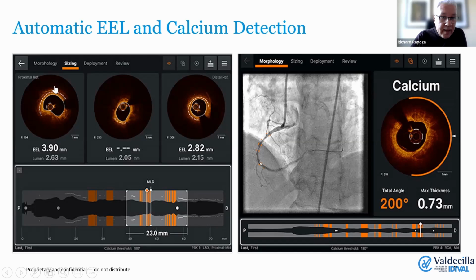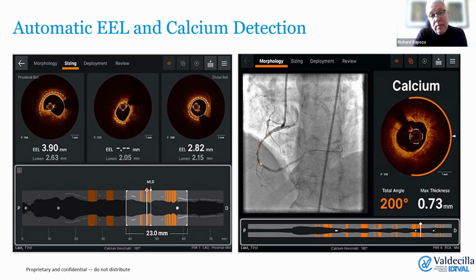If indeed you have greater than 180 degrees of detection, we are able to calculate a diameter. If there isn't greater than 180 degrees, we do not display an EEL diameter. We only display a luminal diameter. So in the past, everybody was going by the lumen and then trying to guess what the outer diameter would be if you had to use EEL.